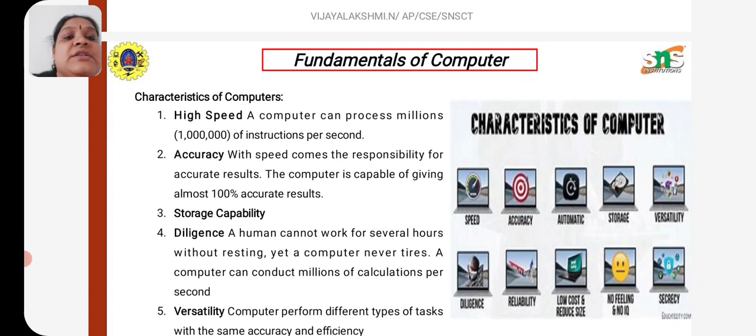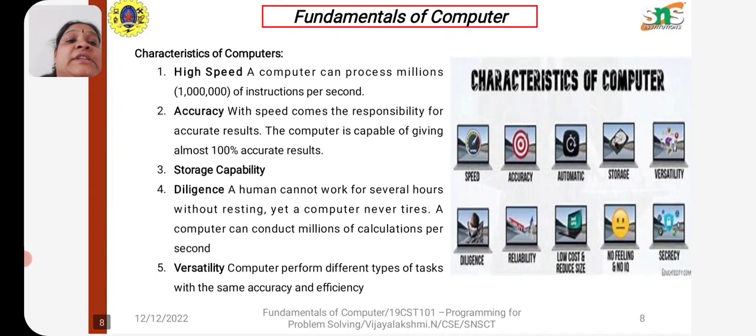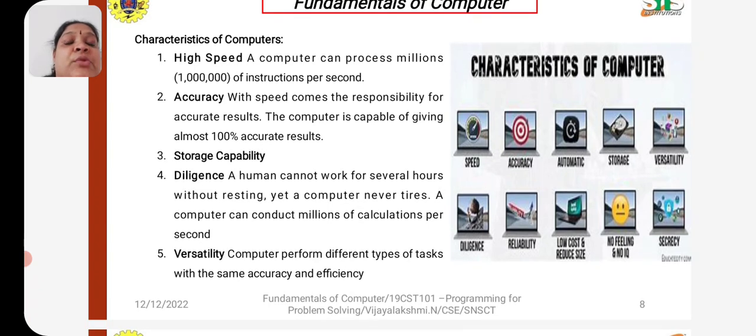The first thing is, as compared with humans, these are the characteristics. The first characteristic is high speed. It can process instructions per second, and in a millisecond it can process. And accuracy.